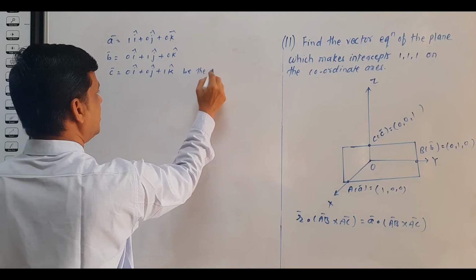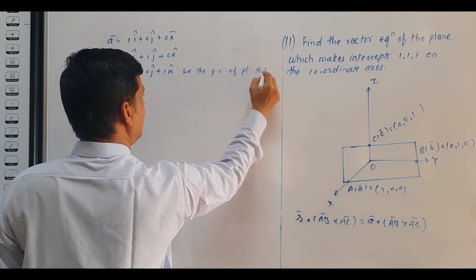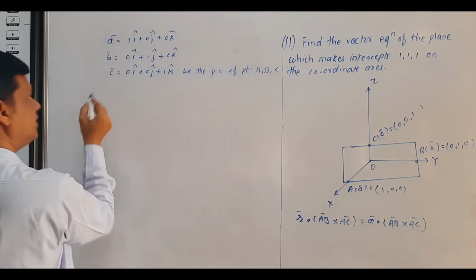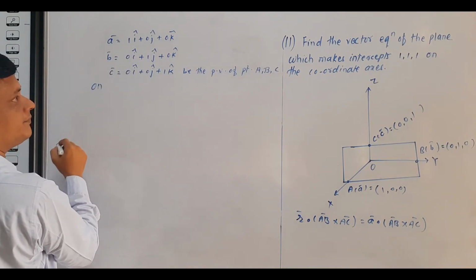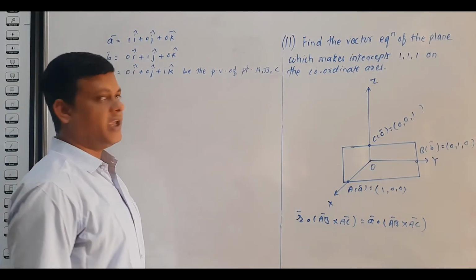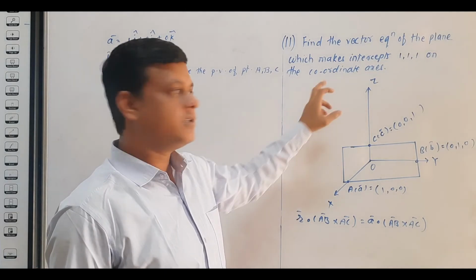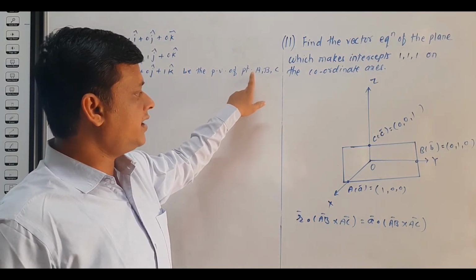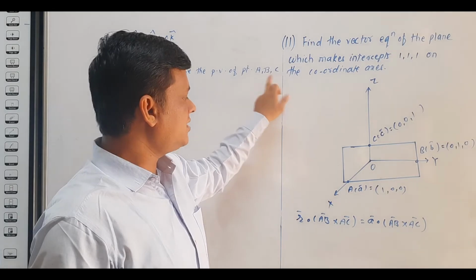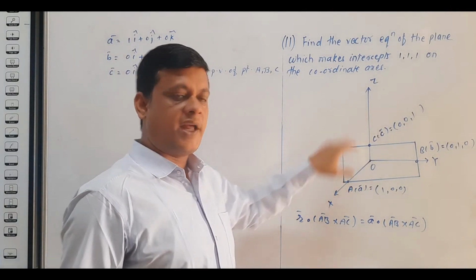Be the position vectors of points A, B, C, which are the intercepts on the coordinate axes. So this A is the intercept on the x-axis, B is the intercept on the y-axis, and this C is the intercept on the z-axis.